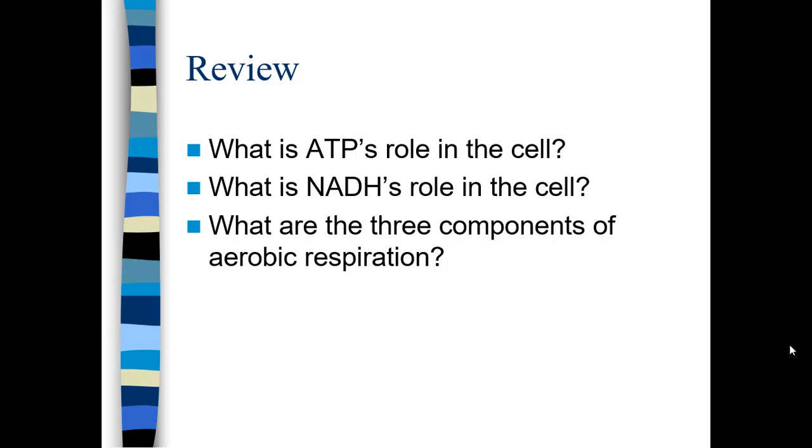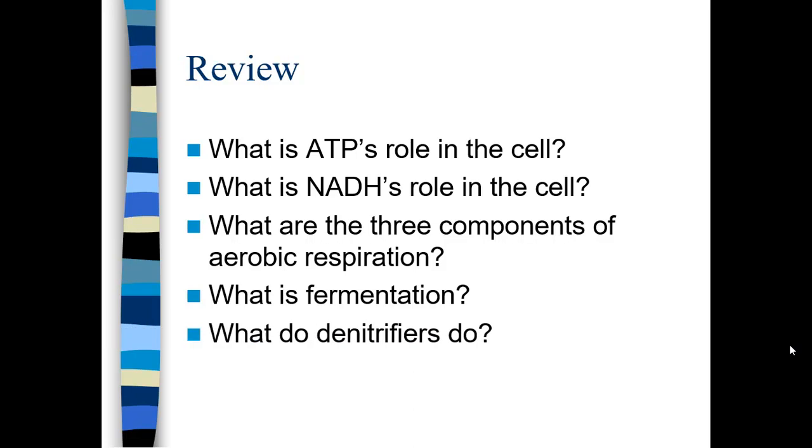And the fourth one is the electron transport chain. Fermentation we have defined as the incomplete oxidation of glucose in the absence of an electron acceptor. Denitrifiers, they breathe nitrate, they reduce nitrate to nitrite in order to get energy.